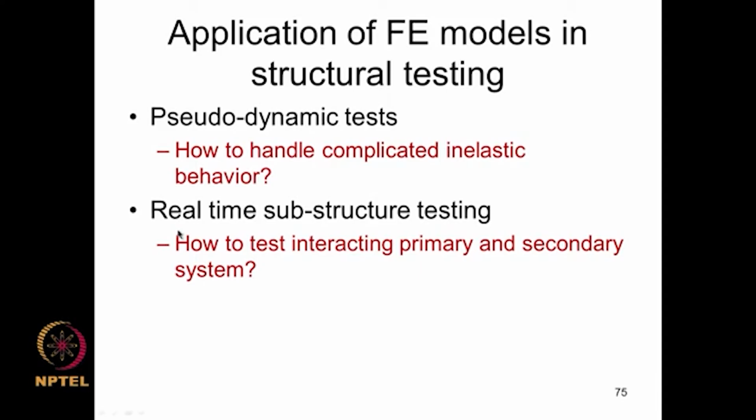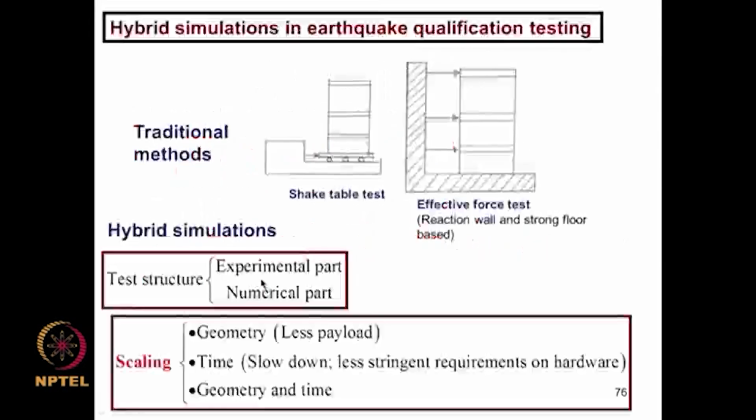Then there is another one known as real time substructure testing. It deals with treatment of interacting primary and secondary systems in a vibrating environment. These techniques are being developed in the field of earthquake engineering.